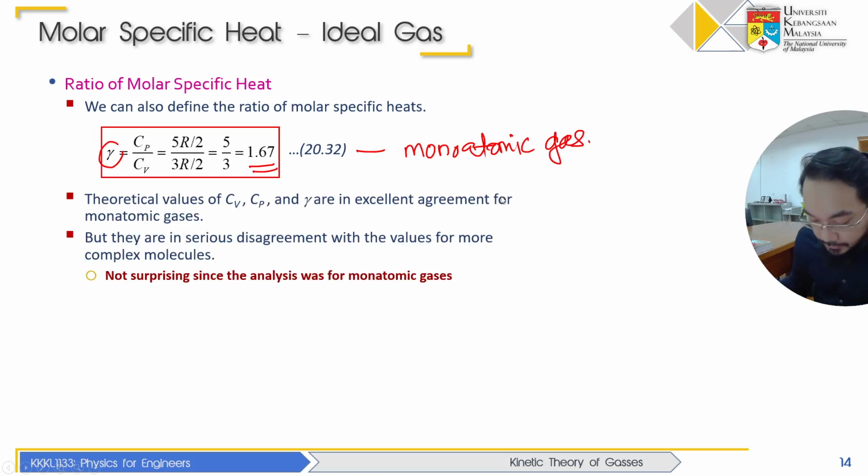The theoretical values of C_v, C_p, and gamma are in excellent agreement for monoatomic gases, but they are in serious disagreement with the values for more complex molecules, for example molecules with more than 2 atoms per molecule. Diatomic gases are still okay, like oxygen, hydrogen, and so on.